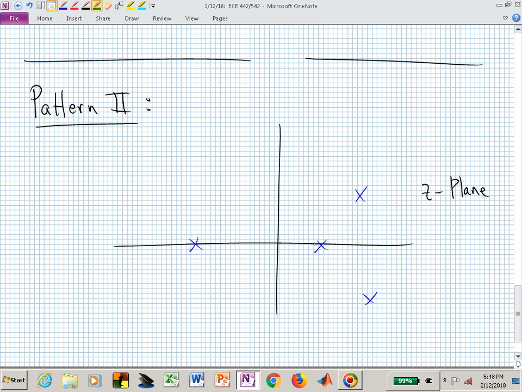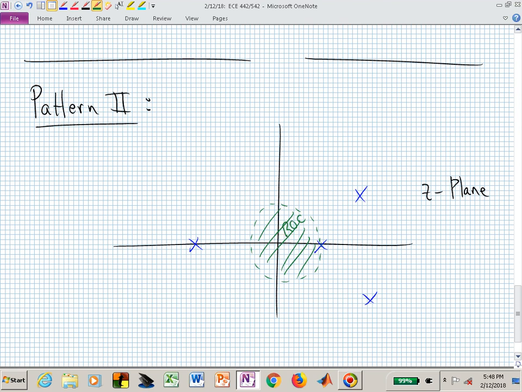And my region of convergence now is inside the pole closest to the origin. This is really the complement of the previous pattern.